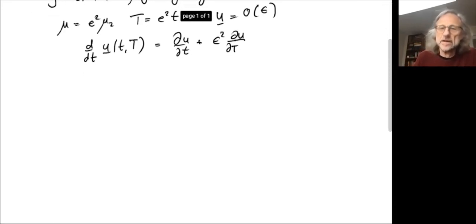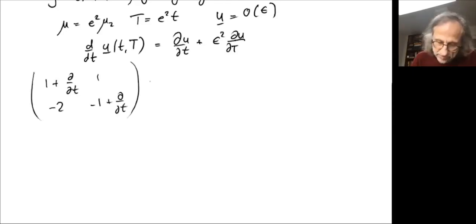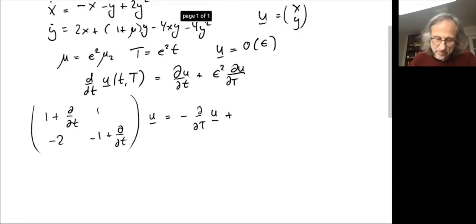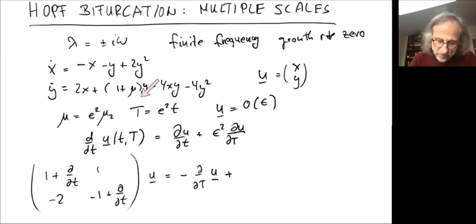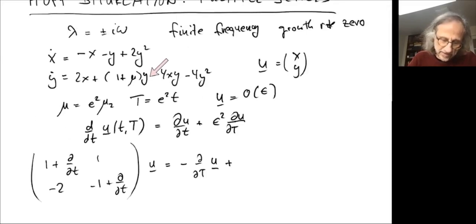It's a little bit messy. If I separate fast and slow times, on my left-hand side I get 1 plus d by dt, and 1 minus 2 minus 1 plus d by dt, this thing acting on u, equal to minus the derivative with respect to slow time of u, plus, now we have that mu is of order epsilon squared, so that will show up on the right-hand side as an inhomogeneous term, and I'll call it an L2, because in principle there could be a term acting on y, on x, and also in the other equation.